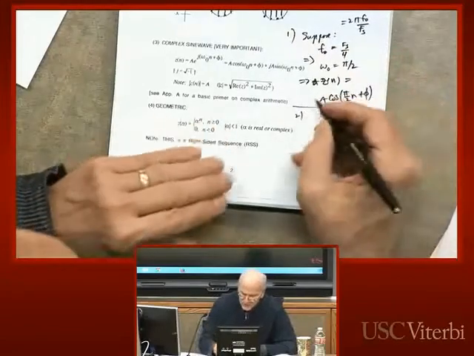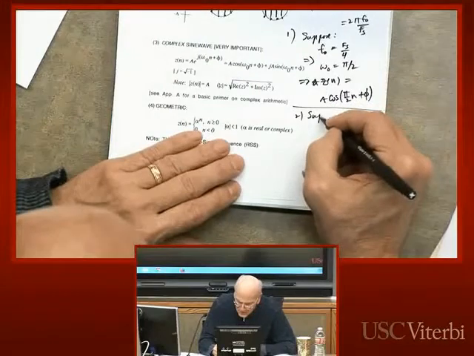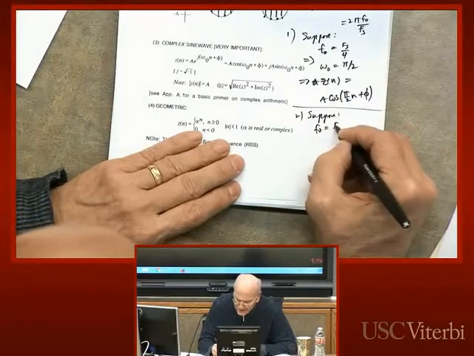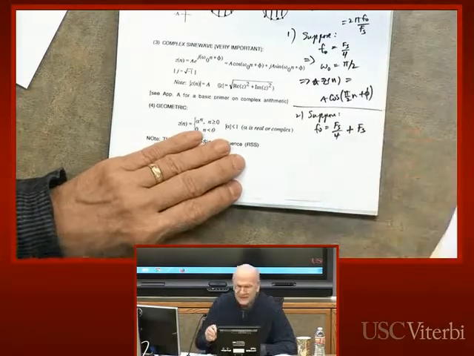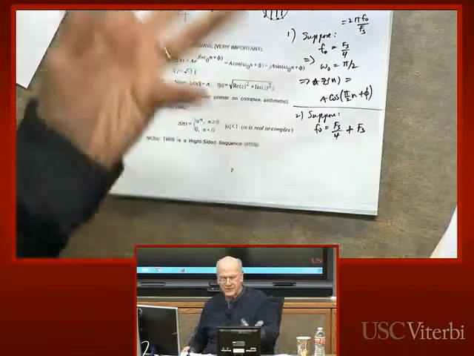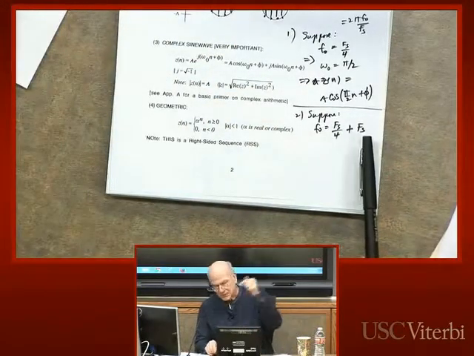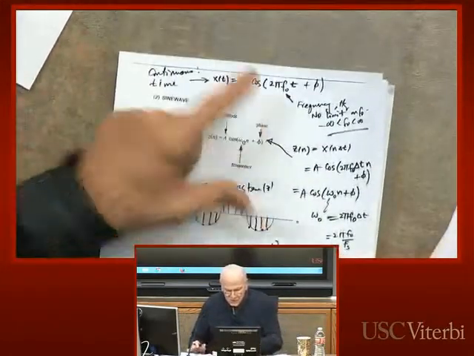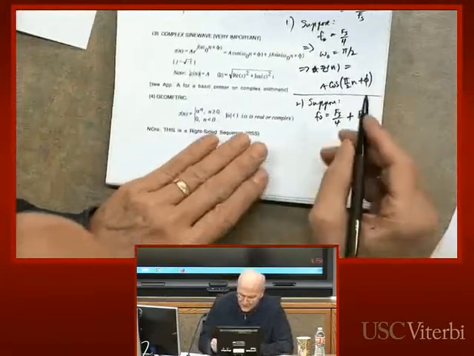Here's another example, just to show you the subtleties here. Suppose F naught is equal to Fs over 4 plus Fs. I'm just adding an Fs. So if Fs were a megahertz, Fs over 4 is 250 kilohertz, plus a megahertz. Again, in the continuous world, that's a different sine wave. But let's see what it is in our discrete time world.